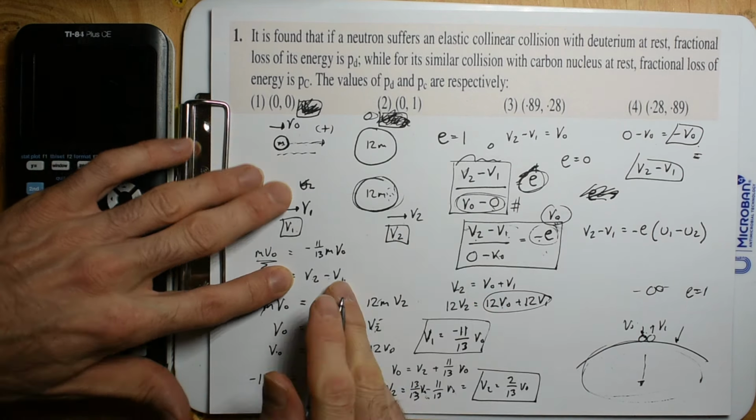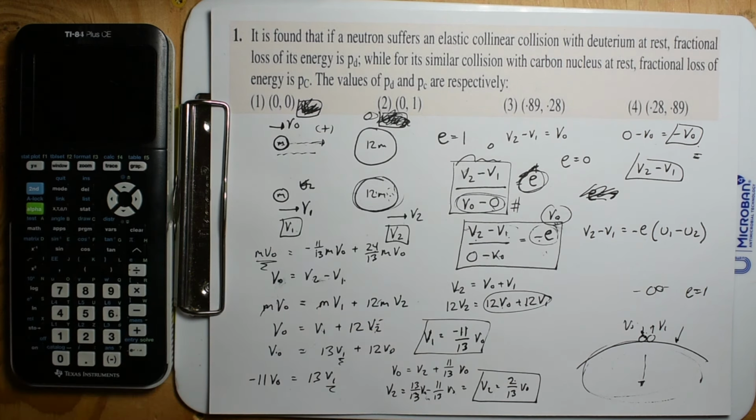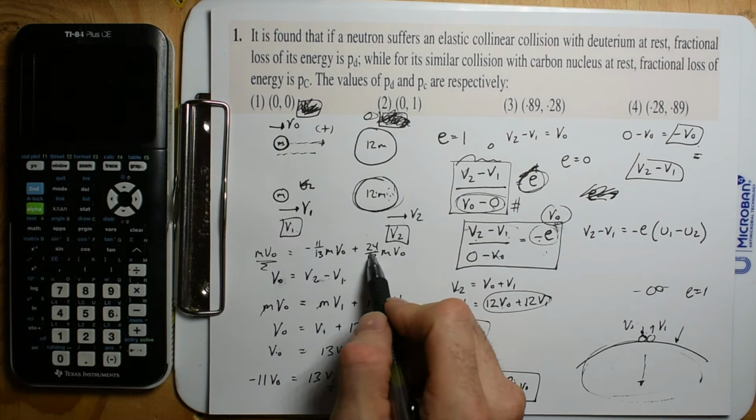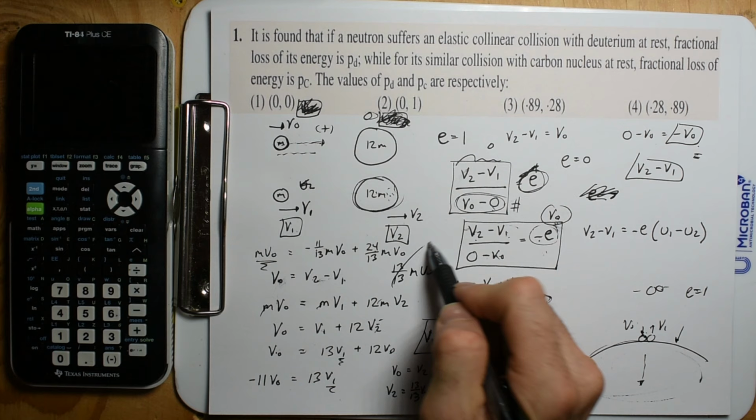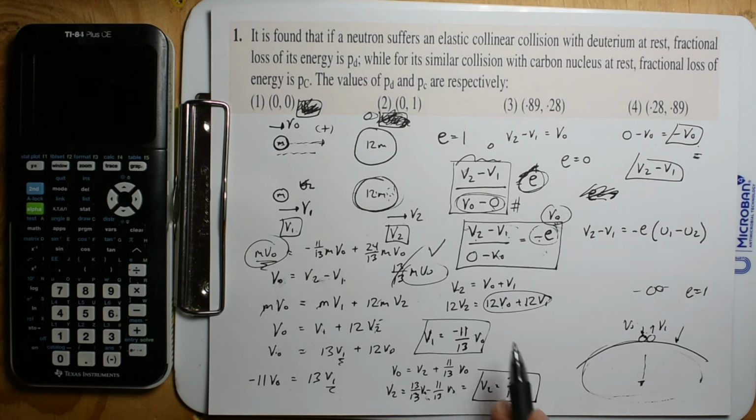So we have 24 minus 11. Oh, did I do this wrong? No. Yeah, 24 minus 11 is 13. So we have 13/13 mv naught. That's mv naught equal to mv naught. So we have a check on linear momentum, and we have our velocities.